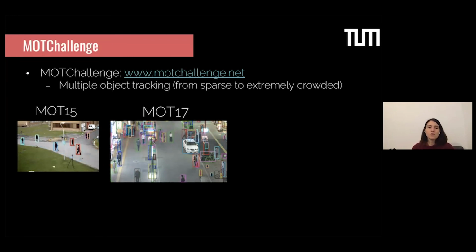So first of all, as you can see, we have a higher frame rate, so we can actually do much more thorough analysis. We have all the occluders and all the other objects in the scene also annotated. And we have much more crowded scenes, much smaller pedestrians, overall, much harder cases.